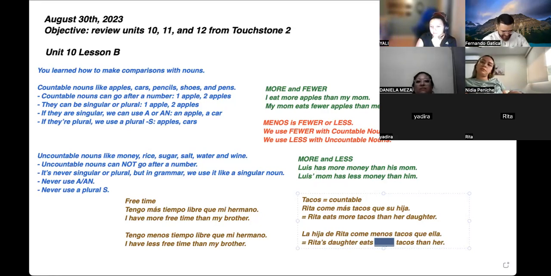Fewer. Very good. Es fewer porque es contable. So Rita's daughter eats fewer tacos than her.